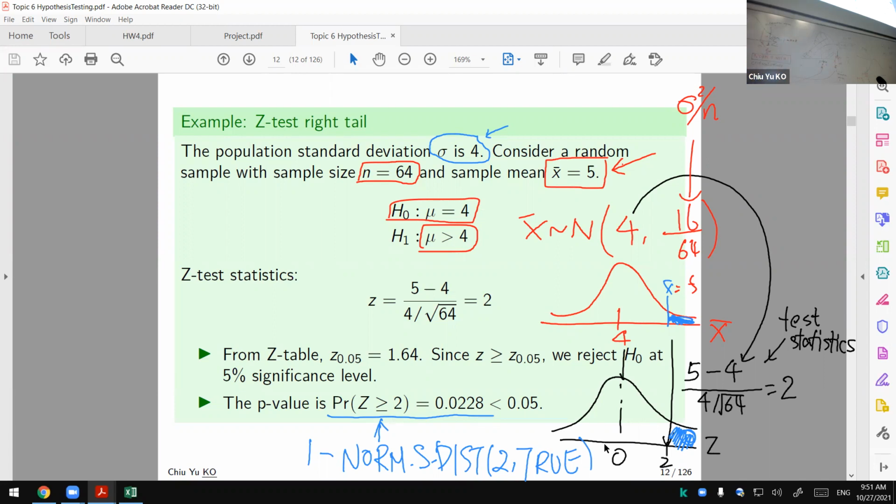It's less than 5%, right? So that's why you would reject the null. You don't believe that it is going to be 4. It must be more than 4, okay? You would think 4 is unlikely to be true. We will say we reject H null at 5% significance level.